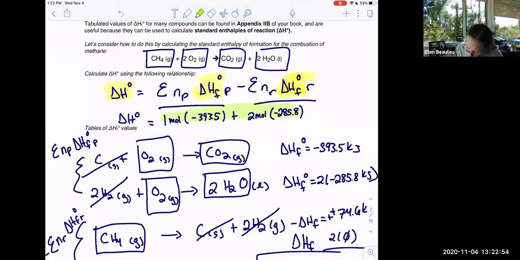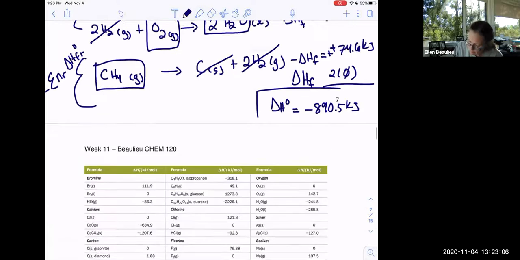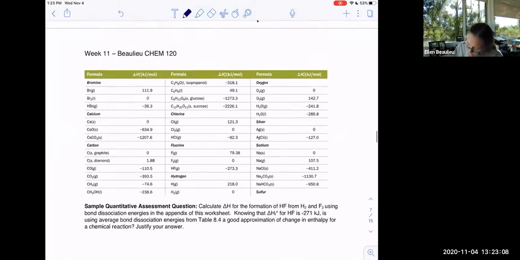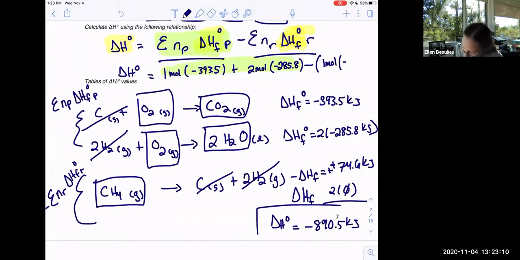All of this is this part of the reaction. Everybody with me? Minus 1 mole of methane times the heat of formation of methane, which is negative 74.6. Plus 2 moles times 0.